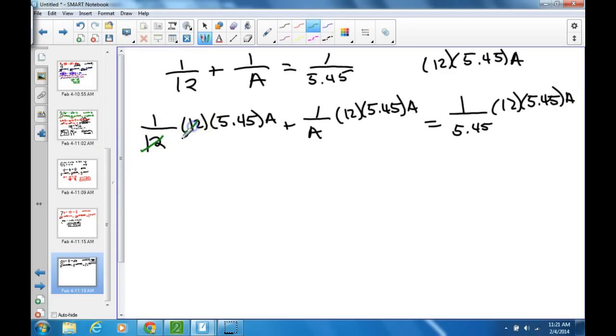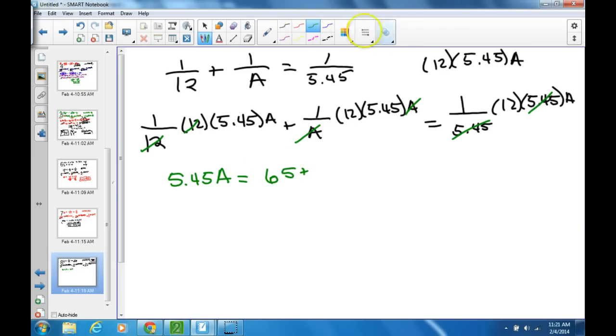We have a 12 here we can get rid of, an A here, and a 5.45 here. So we're left with 5.45A equals 12 times 5.45, which is 65.4.